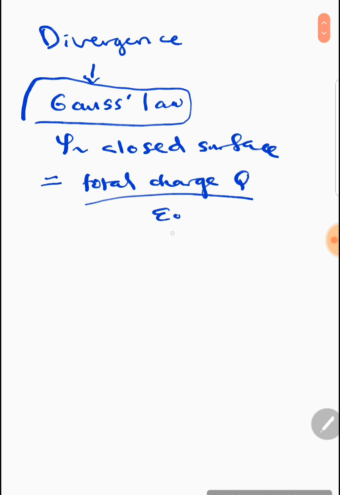So do you remember epsilon naught? Epsilon is your dielectric constant or permittivity, alright? So the naught here means free space.